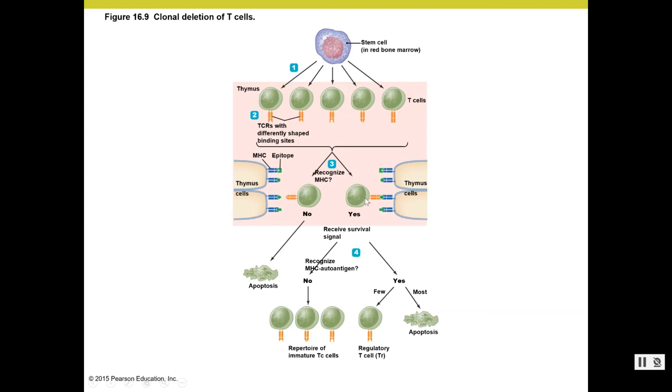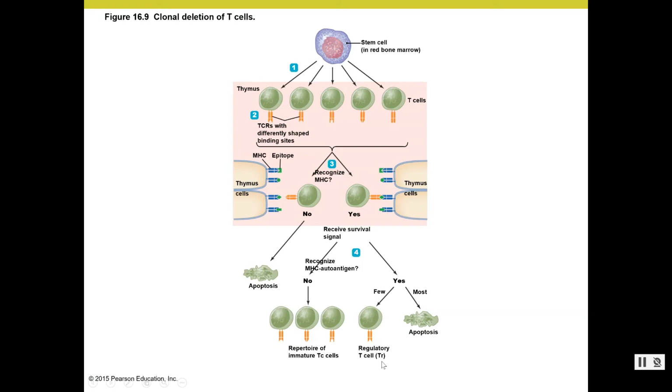Apoptosis. So if it recognizes MHC, it can do its job. That's good. But if it recognizes an autoantigen, that's bad. So this cell is going to be marked for apoptosis. Now there are a few exceptions. Our body actually keeps a few of these, and they differentiate and become regulatory T cells.